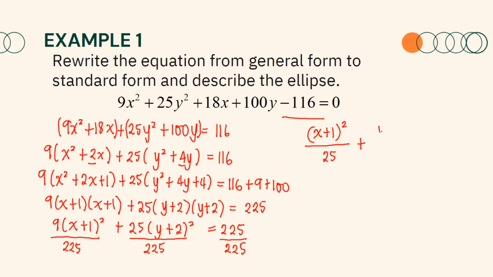So that will be (y + 2)² over 9 equals 225 divided by 225, which is equal to 1. Therefore, we already have this equation in standard form.